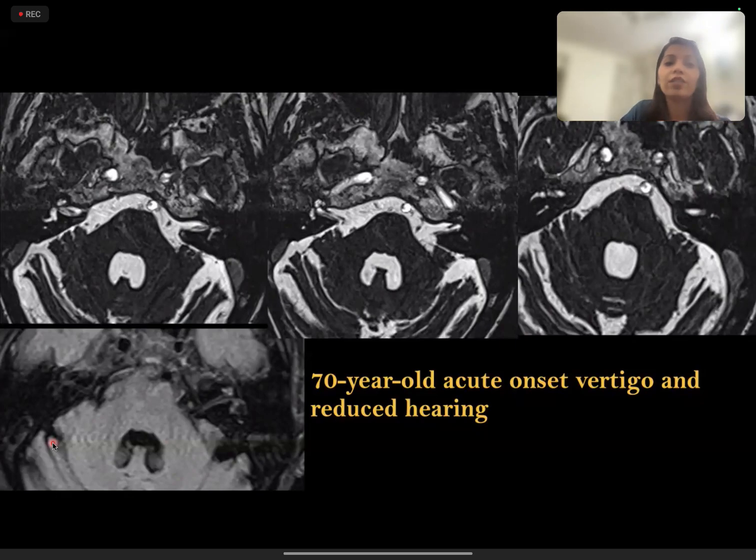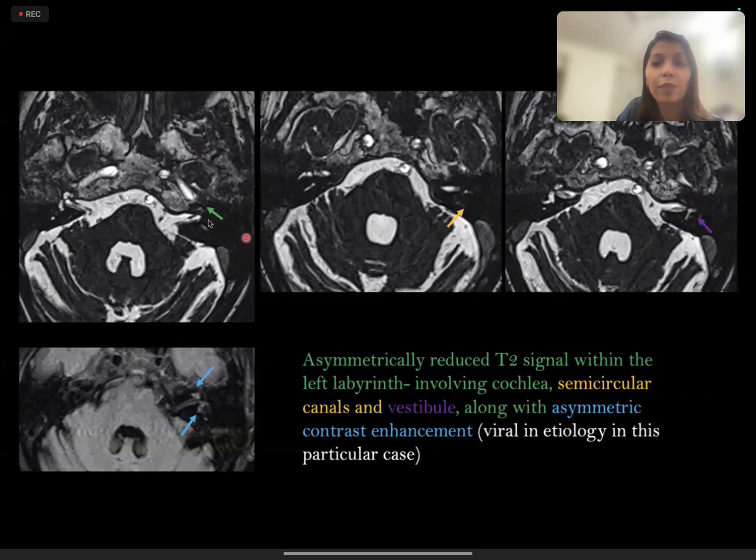So we have high resolution T2 weighted imaging of the posterior fossa through the IAMs in the first panel, and the second panel is a contrast T1 sequence. What we're seeing here is reduced T2 signal of the membranous labyrinth.